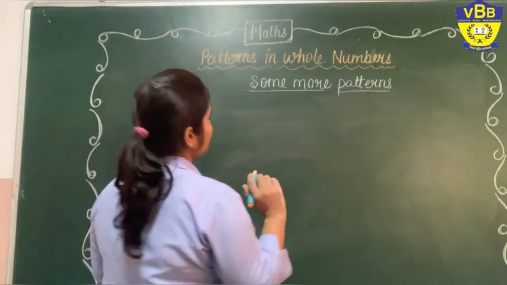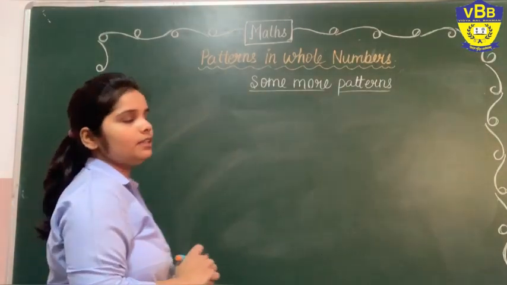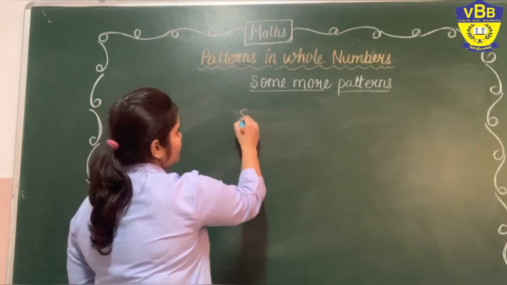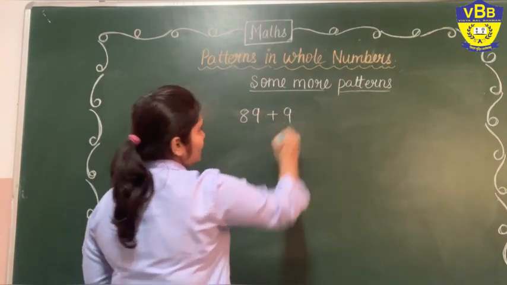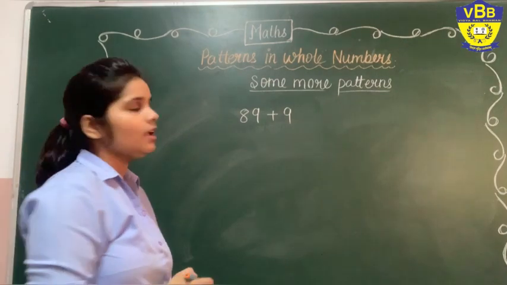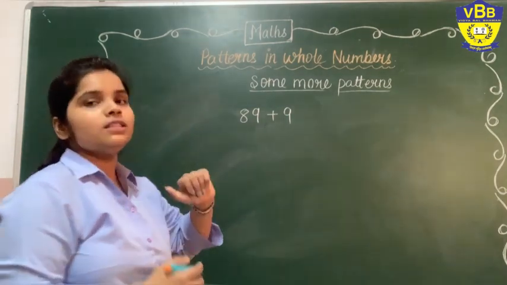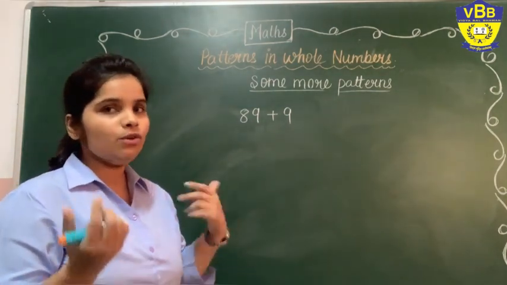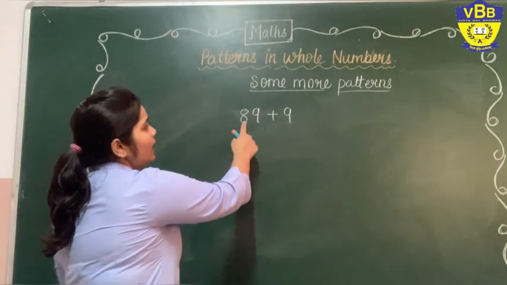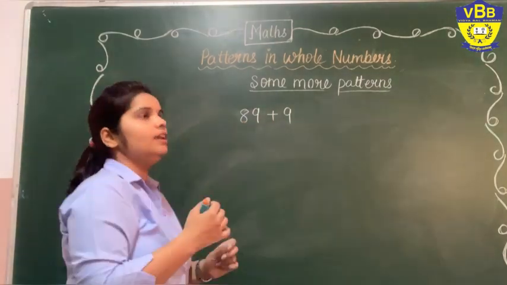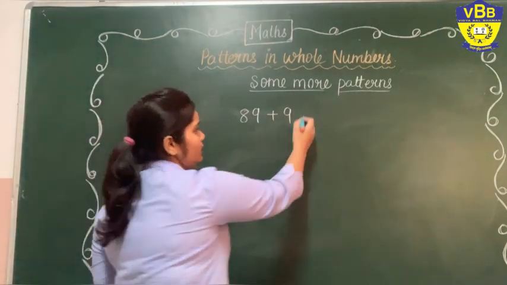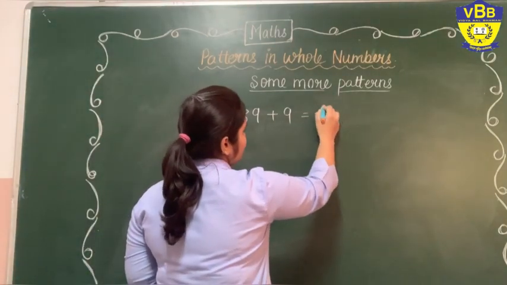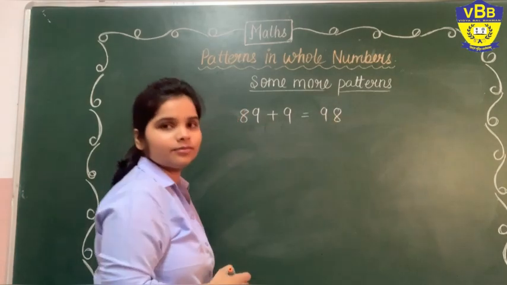How? Suppose I have a number 89 and I have to add 9 to it. What will we do? Most commonly students do 89 plus 9, 90, 91, 92, 93, and they arrive at the result 98.